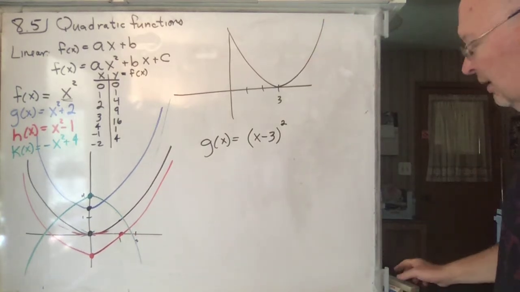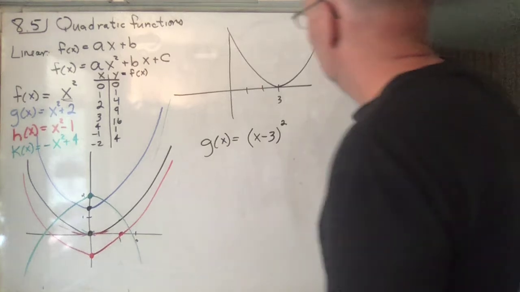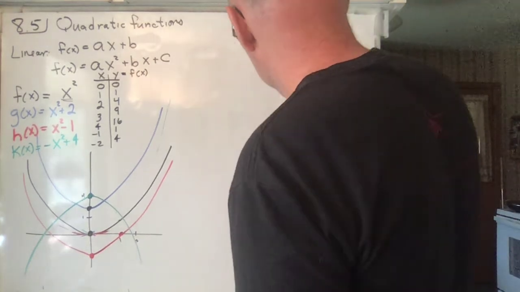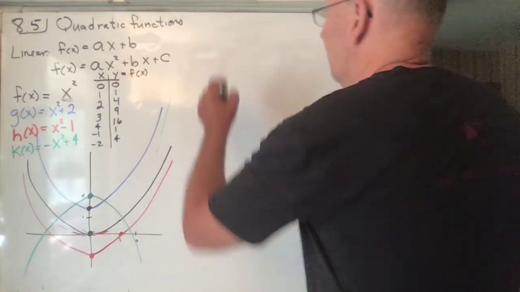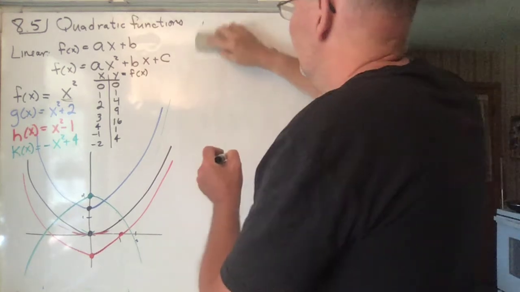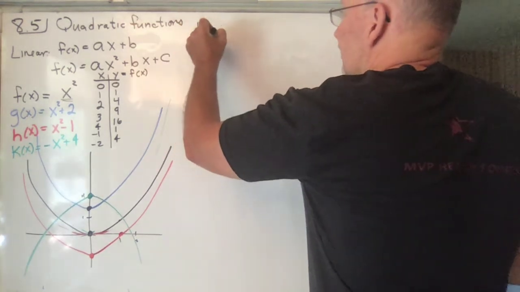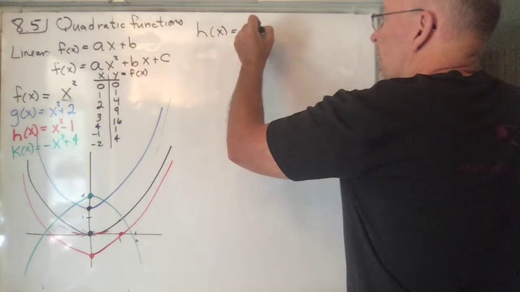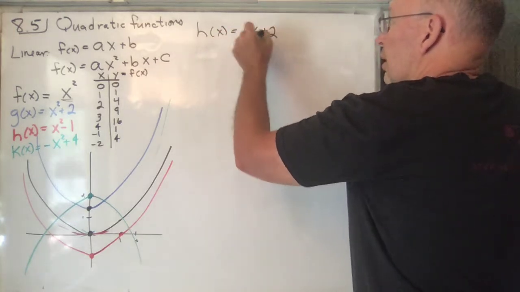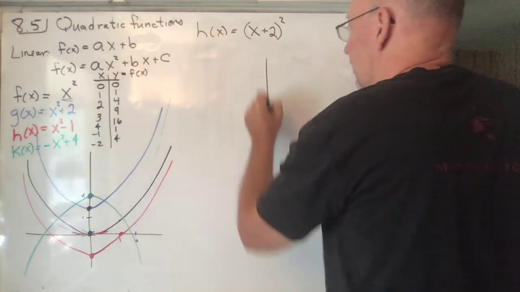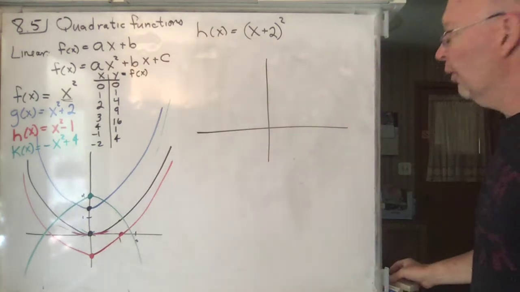See that? So let me give you another one to see if you can figure it out on your own. Let h of x be equal to x plus 2, quantity squared. What's that going to look like?